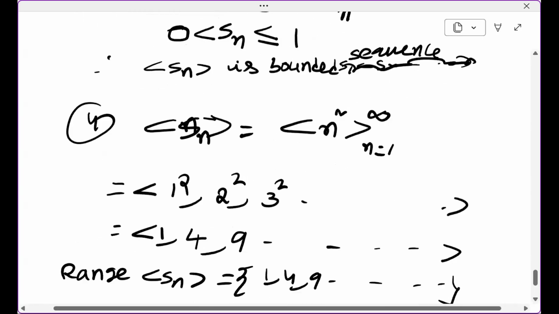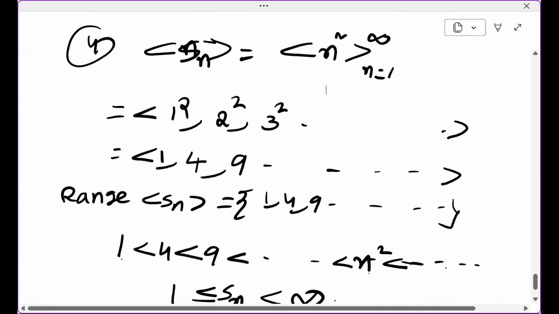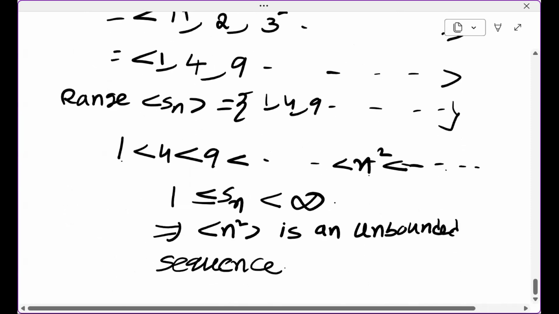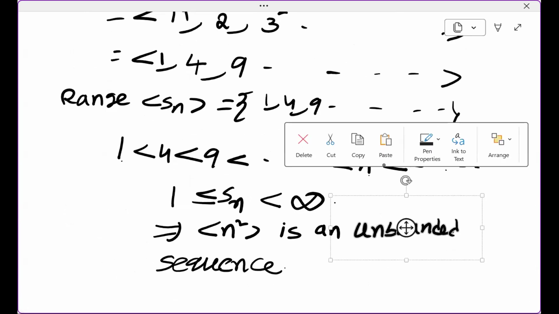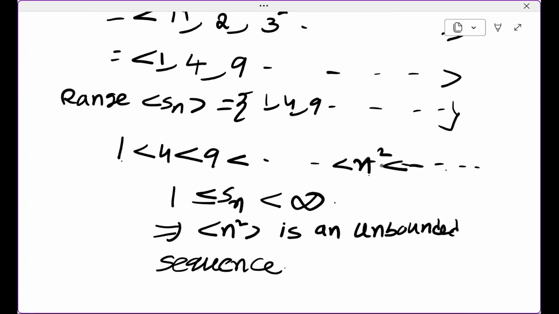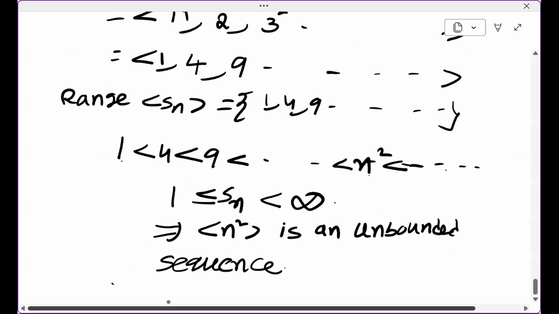But here, in the increasing order, that's what we observe, a fixed pattern. If you take the limit as n tends to infinity, n square is infinity. The lower bound is 1 and the upper bound is infinity, so it is an unbounded sequence because it is not bounded.